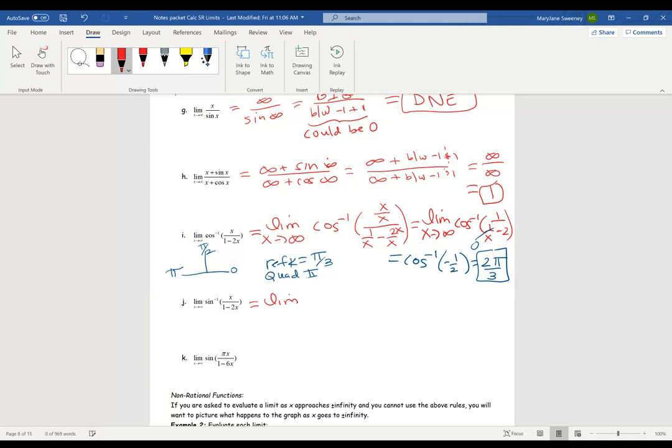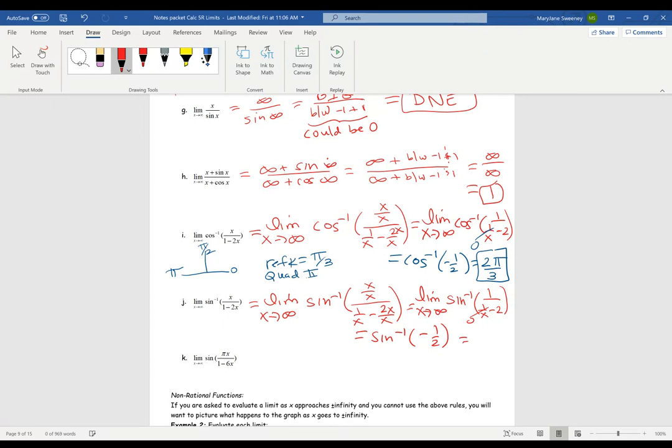All right, limit as x approaches infinity, inverse sine of x over x, 1 over x minus 2x over x. So it's the limit as x approaches infinity of inverse sine of 1 over x minus 2. That goes off to 0, so I have inverse sine of -1/2.